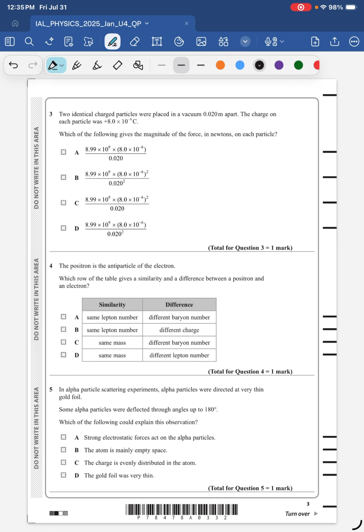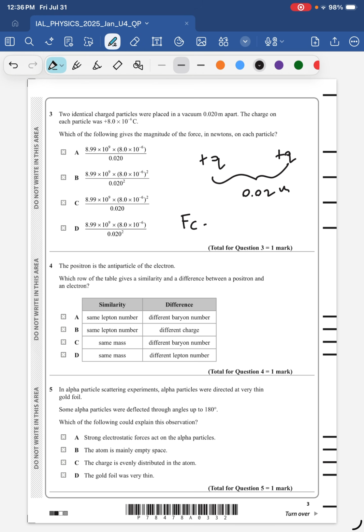So anyway, 3. Two identical charged particles were placed in a vacuum 0.02 meters apart. The charge on each particle was 8 times 10 to the negative 6 coulombs. Which of the following gives the magnitude of the force? Okay, so we have a plus Q and another plus Q separated by 0.02 meters.